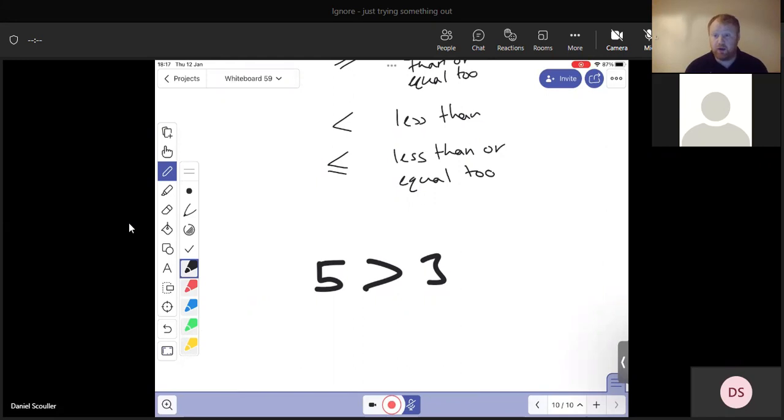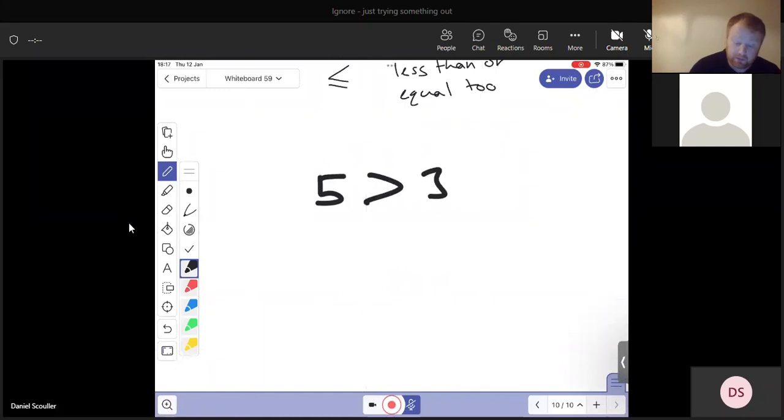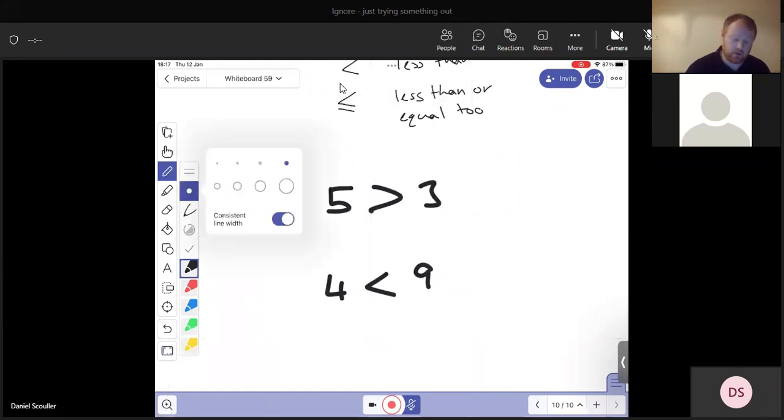There's no disputing that. So that's how you use that greater than sign: the left-hand side is greater than the right-hand side. Flip that on its head, we can say 4 is less than 9. The number on the left-hand side is less than the number on the right-hand side.